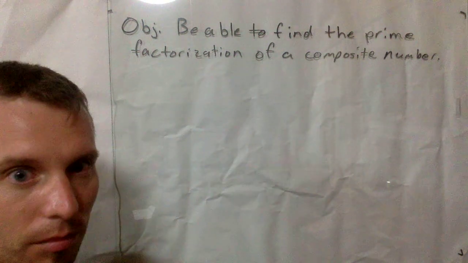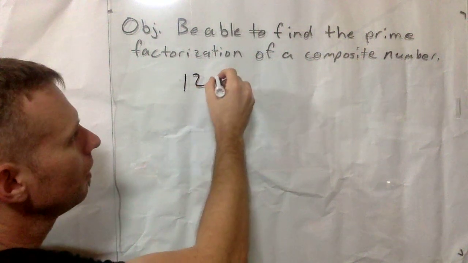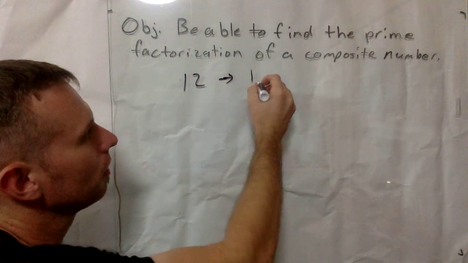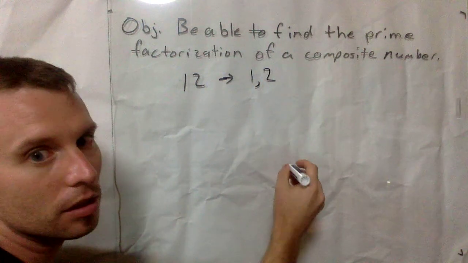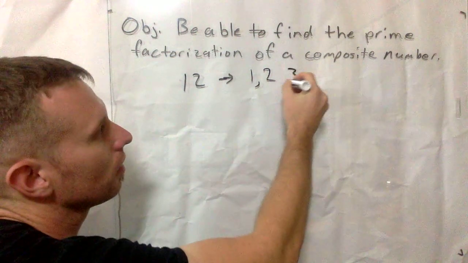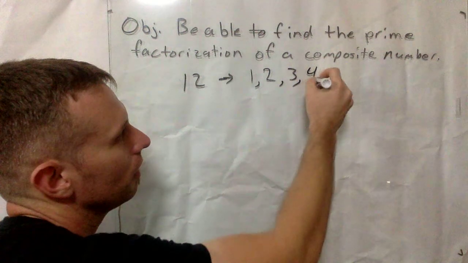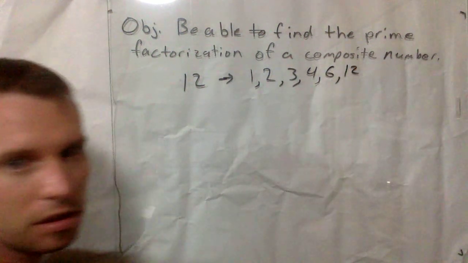This is not prime factorization yet, but I'm just showing you what factors look like. The factors of 12 are 1 times 12, right? And 2 times 6, and 3 times 4.